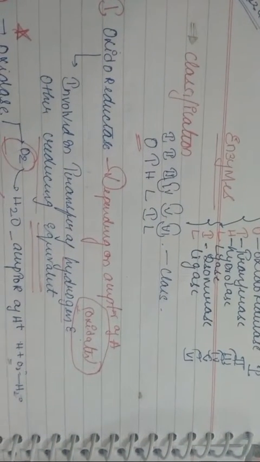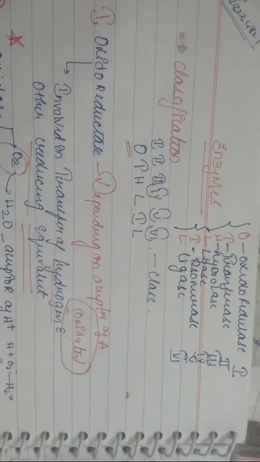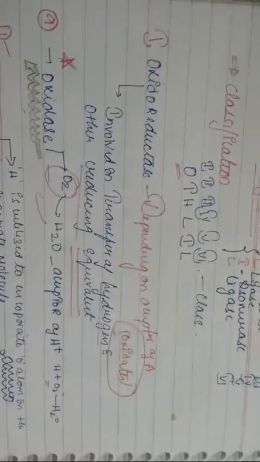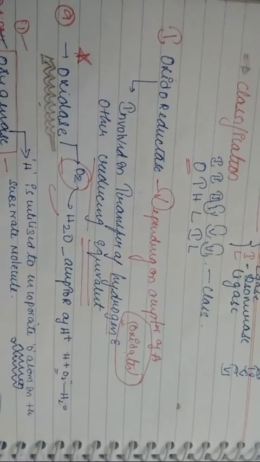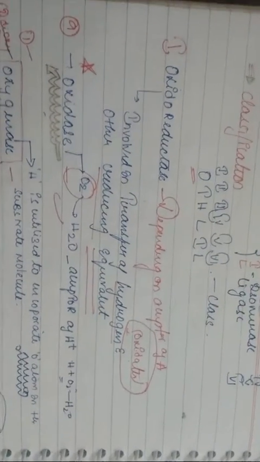So now we will be dealing with the classes of each. Try to understand what it actually means. Let us go with the first class. In the first class, they have given the name Oxidoreductase. So you should know the meaning of oxido and reductase.